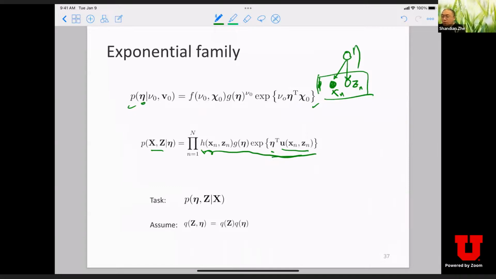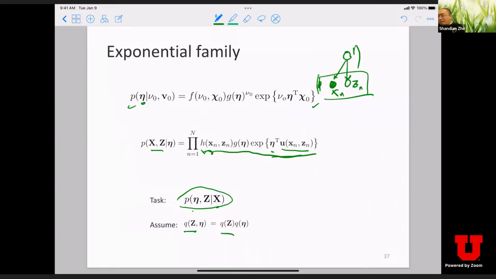Then our goal is to estimate the posterior distribution of eta times z given the data x. Here we assume the mean field variational form: the posterior of z and eta can be approximated by q of z times q of eta.